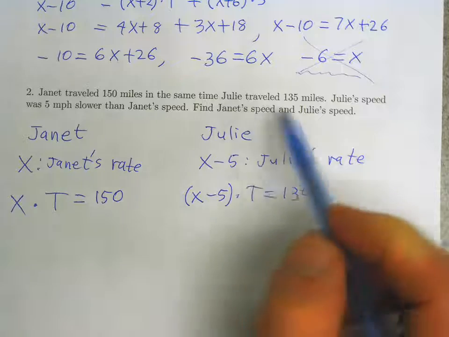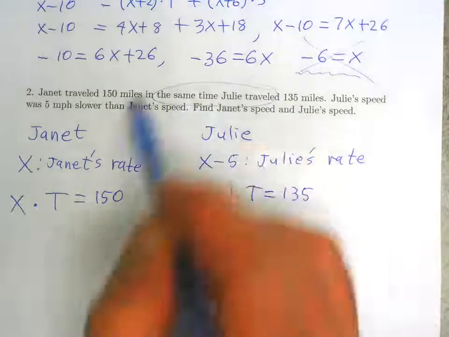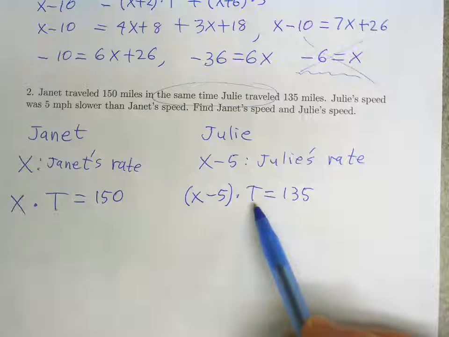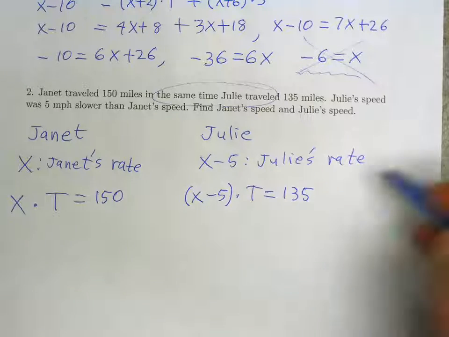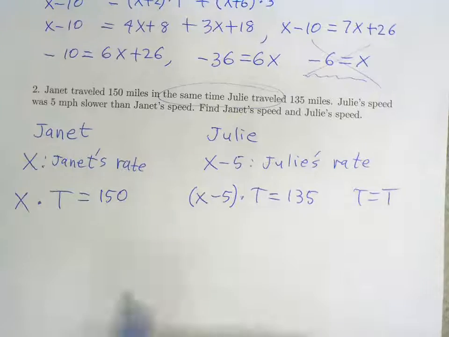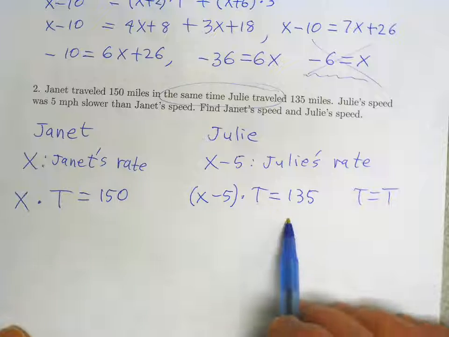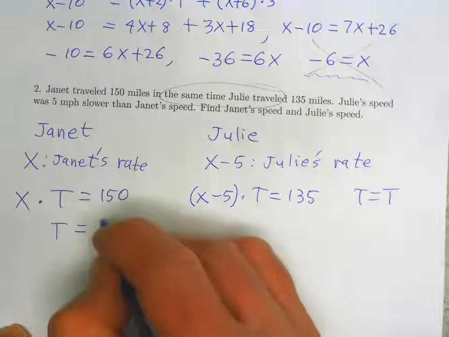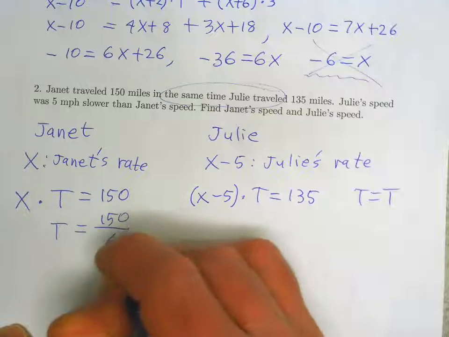But an important detail is that this amount of time T for Janet is the same amount of time T for Julie. So that has to mean t equals t. So solve each of the equations for t. On this one, divide both sides by x. T is 150 divided by x.